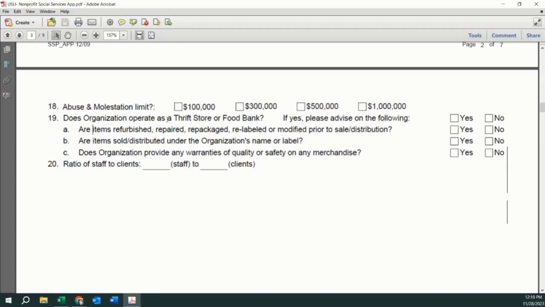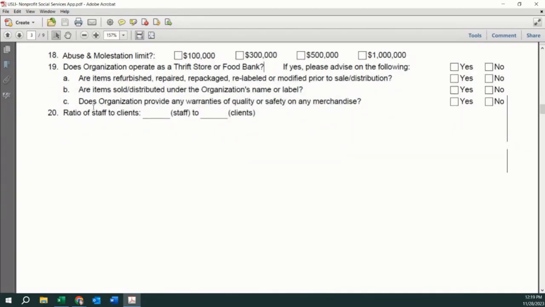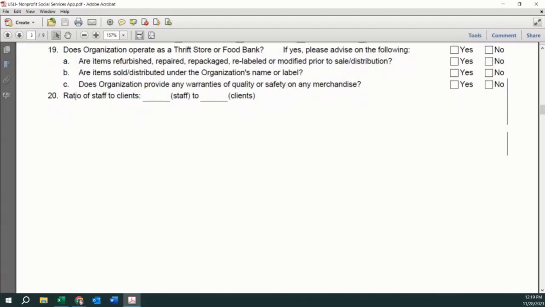Does your organization operate a thrift store or food bank? Of course, if you're doing food and non-perishable items, that might be something the underwriter wants to take a look at. Does the organization provide any warranties of quality or safety on any merchandise? And then number 20, your ratio of staff to clients. If you have 10 people living in one of your houses, that would go here, 10 clients.